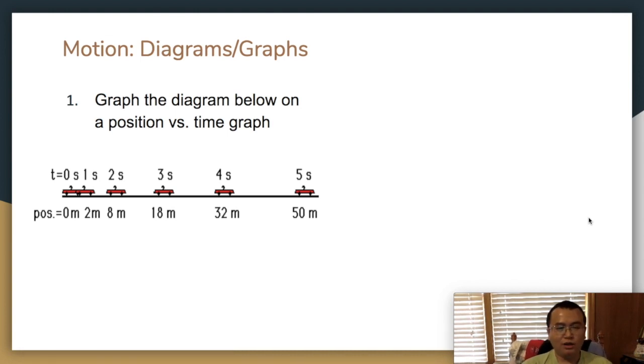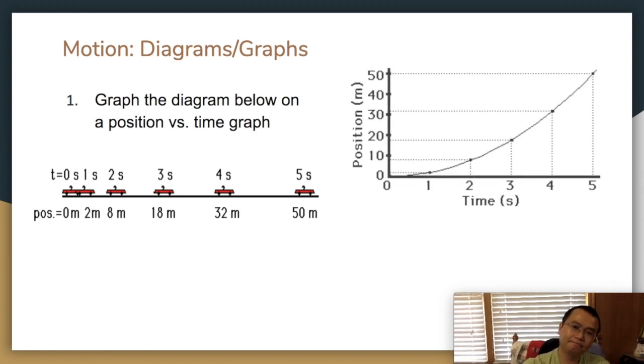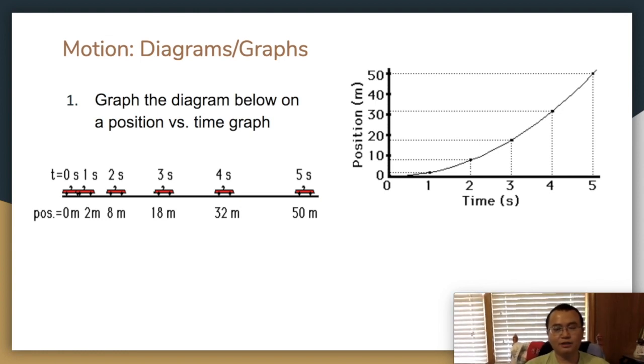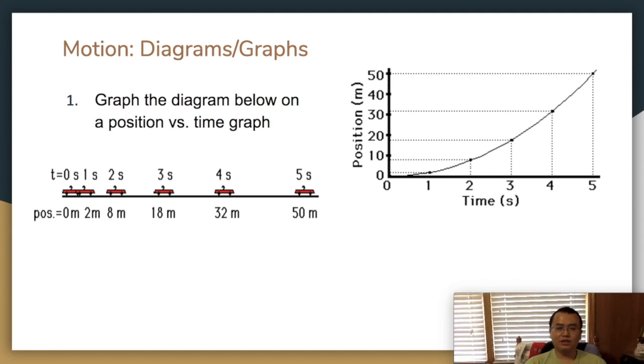I want you to try this one. Graph, again, the position versus time graph. Just pause the video, graph, and see if you can do it. What information can you get from your graph? Your graph should look something like this. Position on the vertical axis, time on the x-axis, and notice how it increases kind of exponentially.